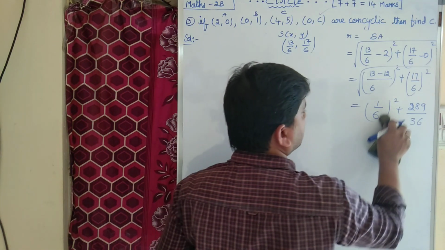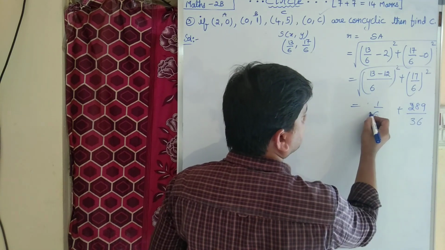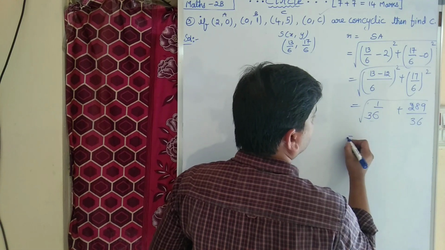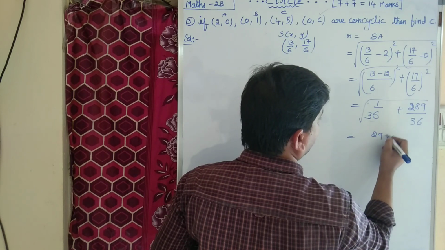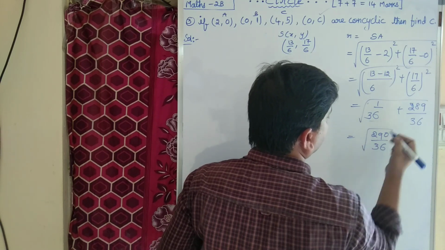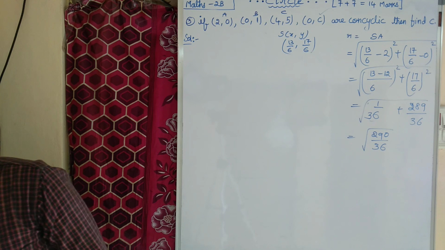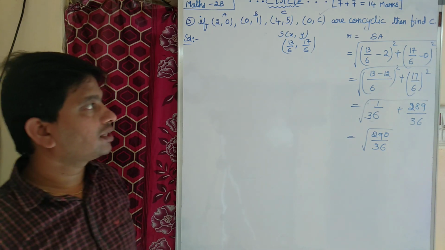So 1 square means 1, 6 square means 36, this will become 1 by 36. So 289 plus 1, 290 by 36. So what is RSA? That is equal to 290 by 36.